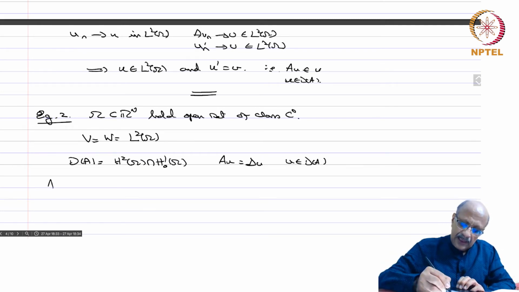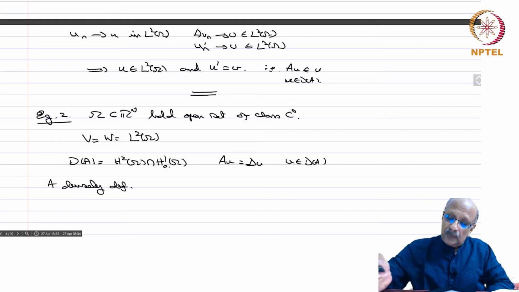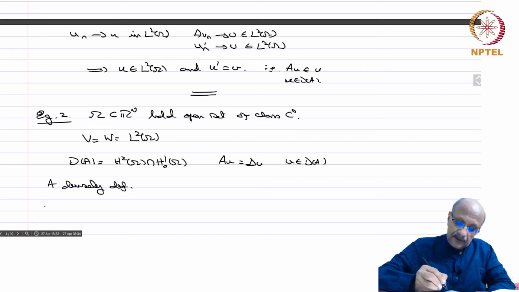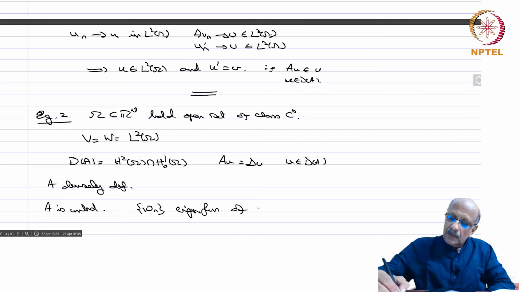So again A is densely defined, because H2 intersection H1 0 of omega contains D of omega, which is itself dense in L2 of omega, and therefore D of A is dense in L2 of omega. Now, A is unbounded. So let Wn be eigenfunctions of minus Laplacian with Dirichlet boundary conditions.